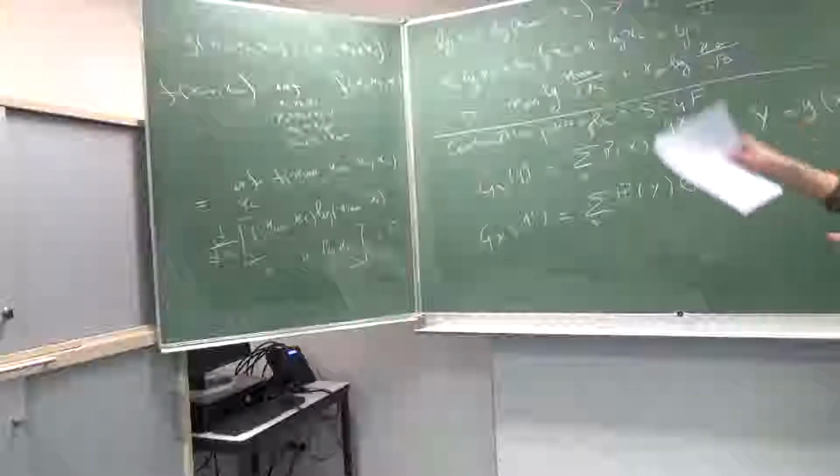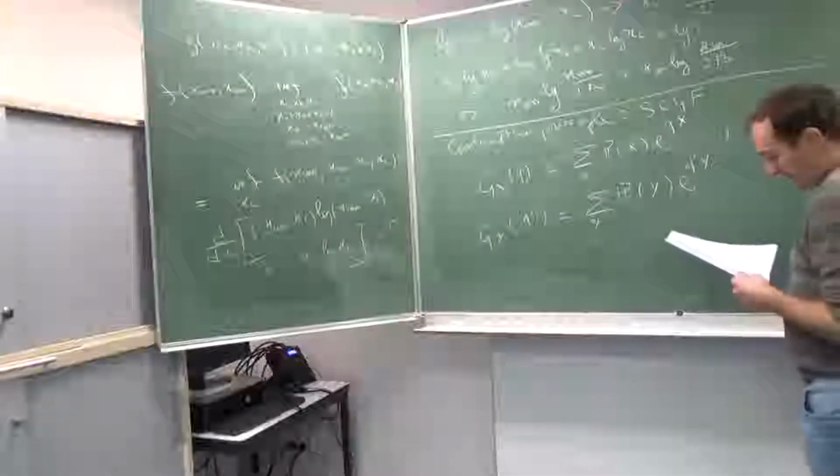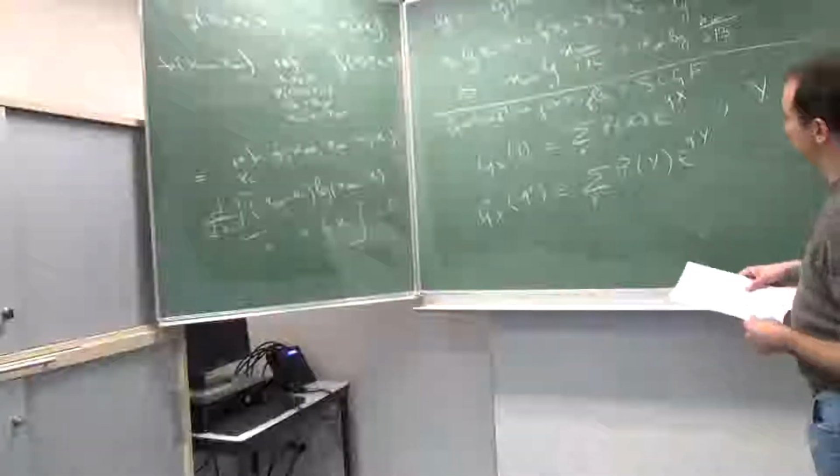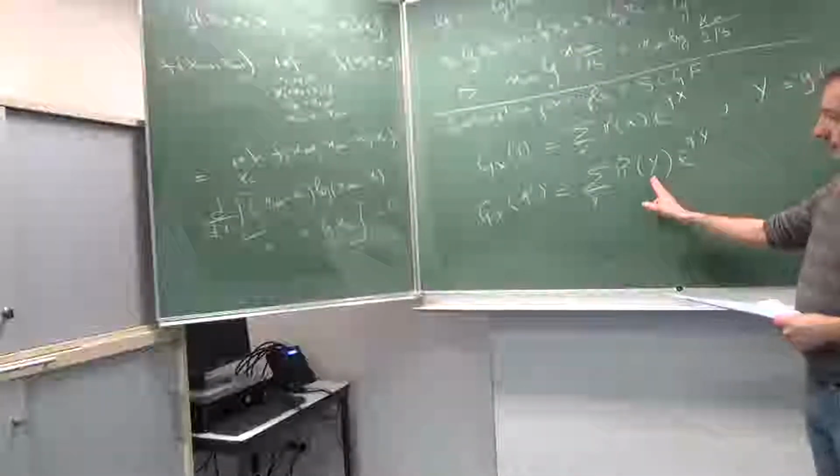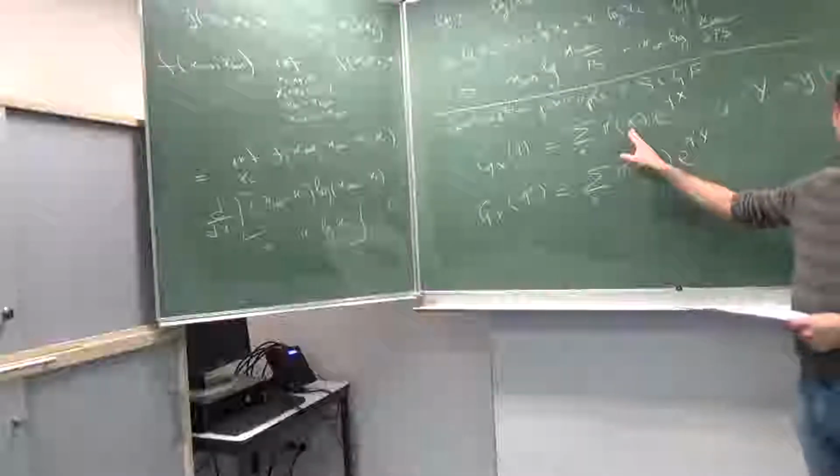Okay. For the rate function, it was a minimization problem. Now in this case, how do we do this? Let's first write the probability of y in terms of the probability of x.